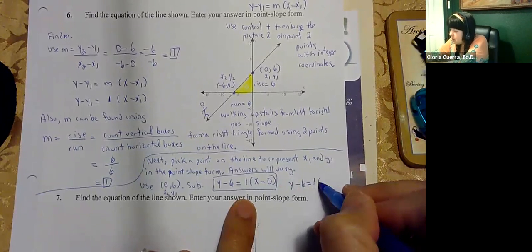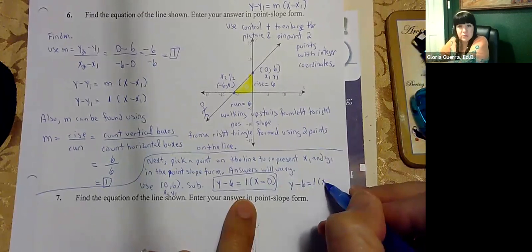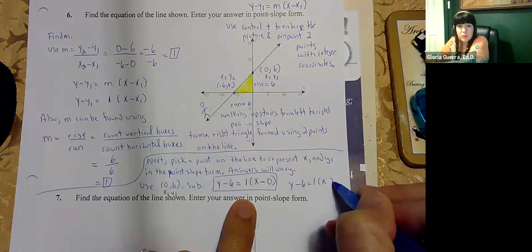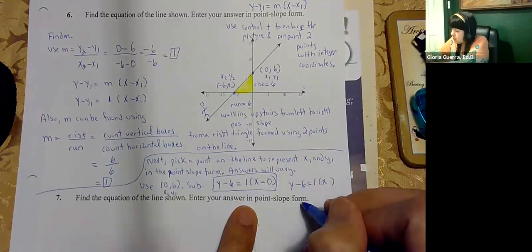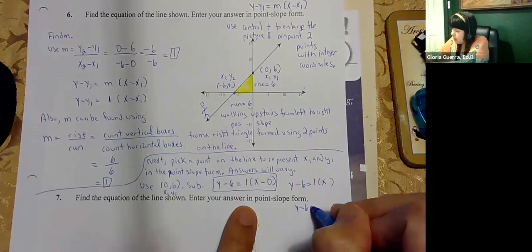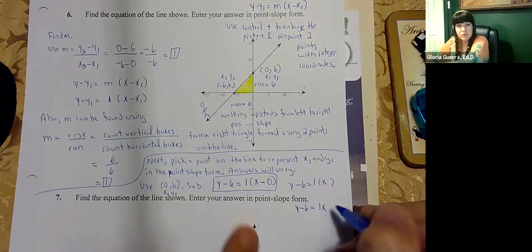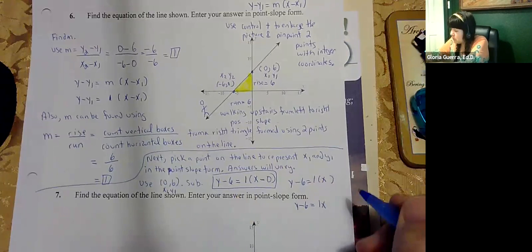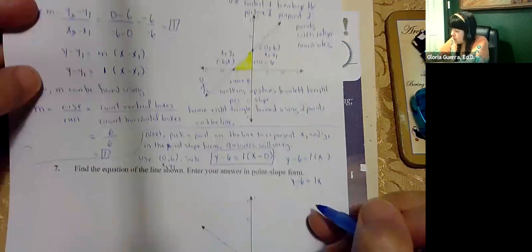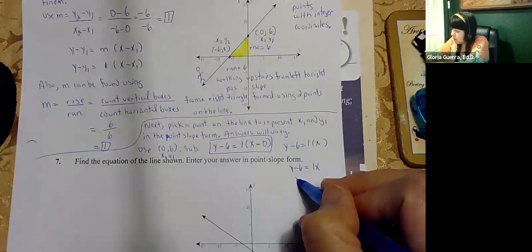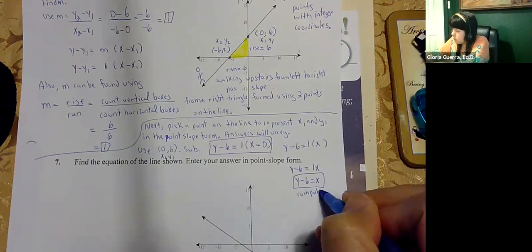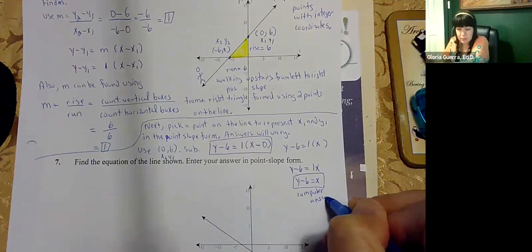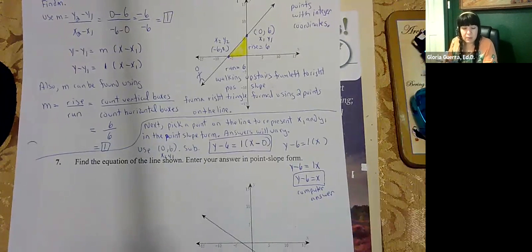And then X, because the 0 is not really there. But then 1 times X is Y minus 6 equals 1X. But then 1 is so trivial, so then it wants Y minus 6 equals X. So I think the computer answer that it will be happy with is Y minus 6 equals X.